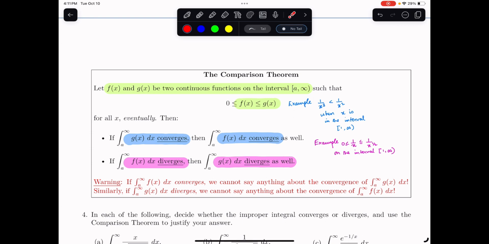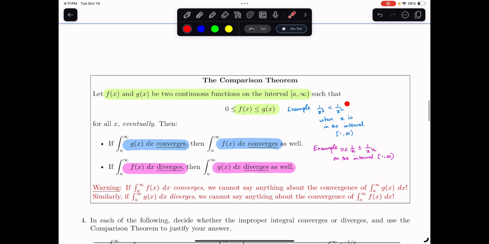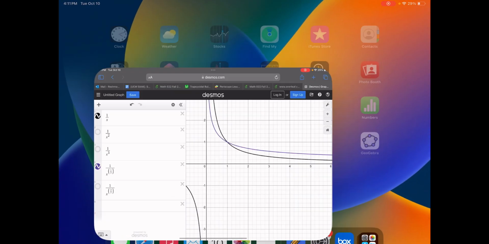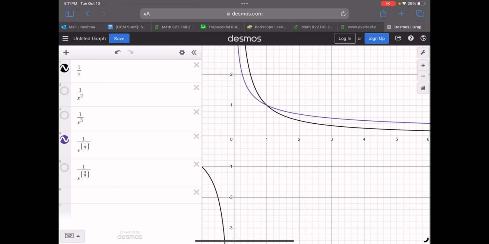So that's essentially the idea here with the comparison theorem. All of you can try this on your own with Desmos with different powers of x.